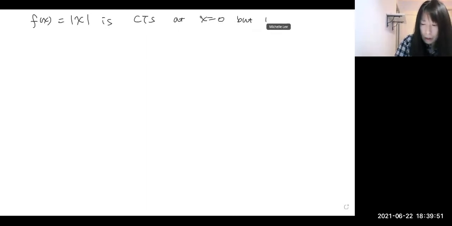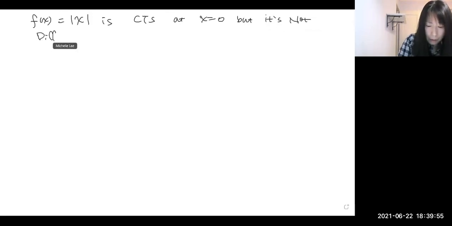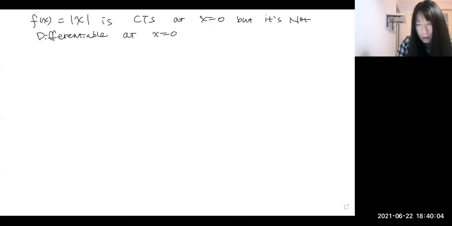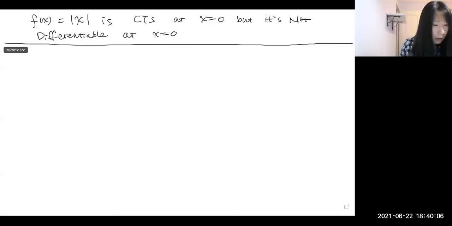The function f of x equal to absolute value of x is continuous at x equal to 0, but it's not differentiable at x equal to 0, right? I just said that. I didn't write it down.